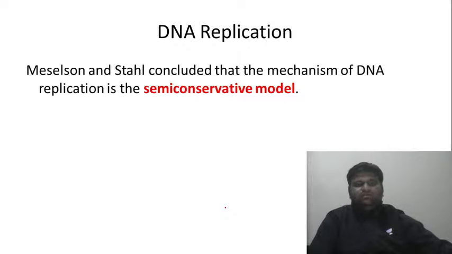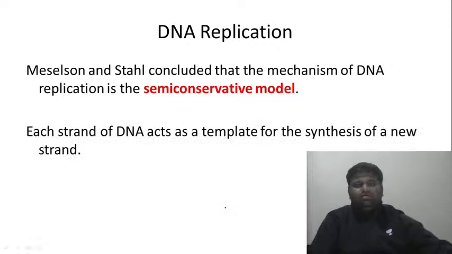So Meselson and Stahl concluded that the mechanism of DNA replication is the semi-conservative model. Each strand of the DNA acts as a template for the synthesis of a new strand.